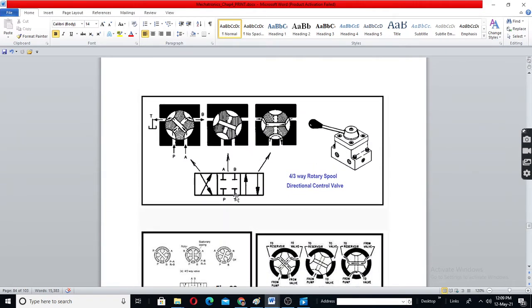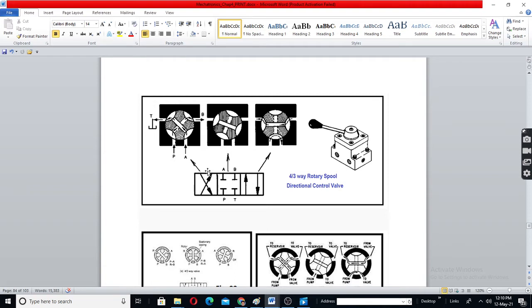And the symbol, actually no need of the symbol for you. Simply, this is 4 by 3 directional valve. Means in the middle, ports will be numbered A, B, P, T, and dash dash means it is blocked. Central position or neutral position, no flow. In the left position, two flows will be there.